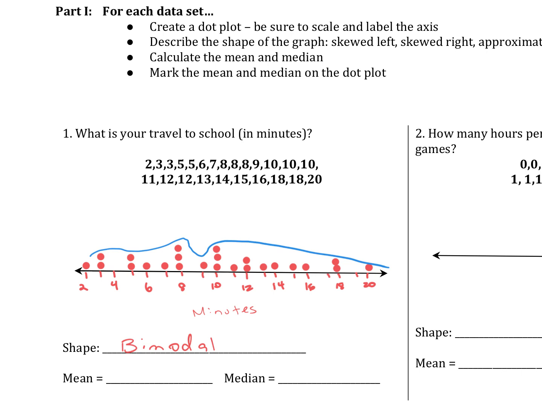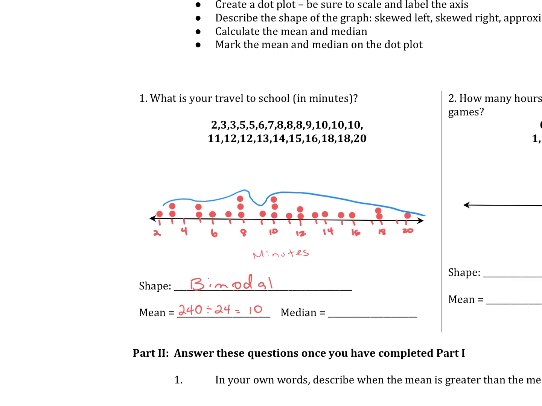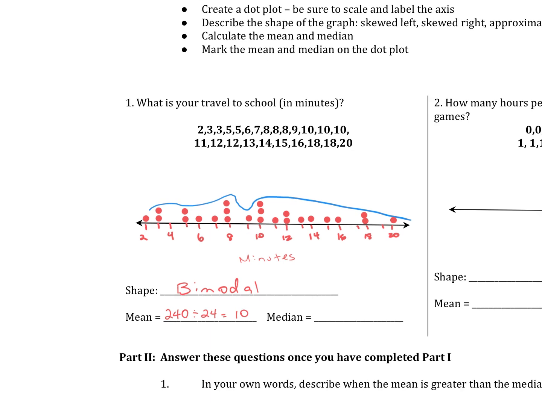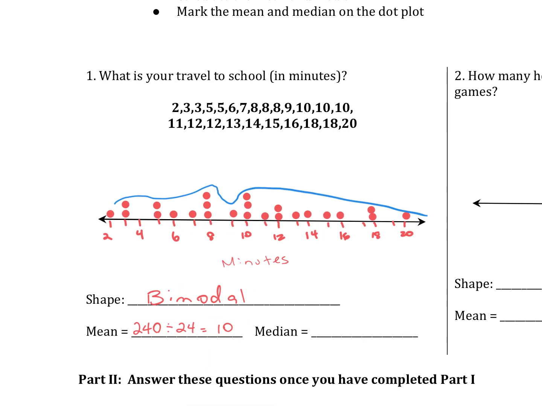Next, it wants us to calculate the mean and median. So what you should do is tally all that up and then divide by how many numbers there are. So I'm going to do that real fast. My total for that is 240. And there are 24 numbers, so when I do 240 divided by 24, I get 10. Okay. I need to mark that on the dot plot.